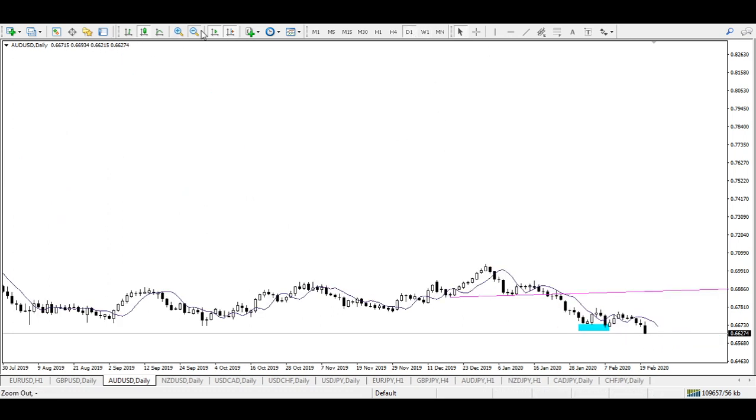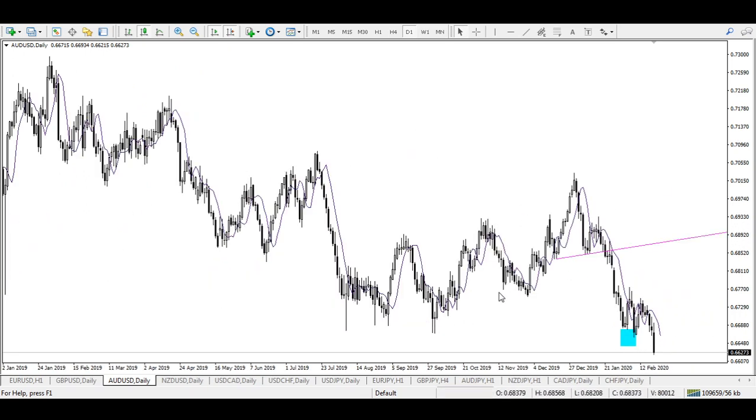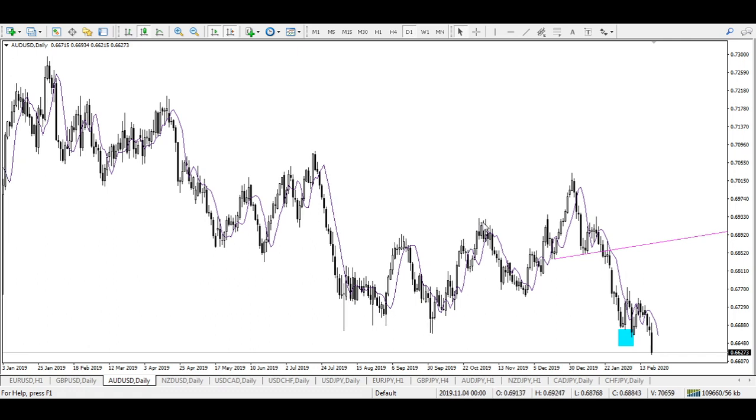This whole movement on the daily time frame was just a retracement on a bigger picture. This entire movement from this point to this point, let me just show you here. So this whole movement was just a retracement to the longer term bearish trend.